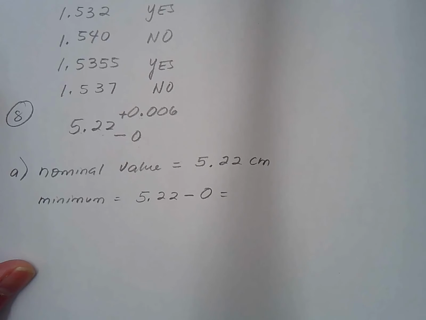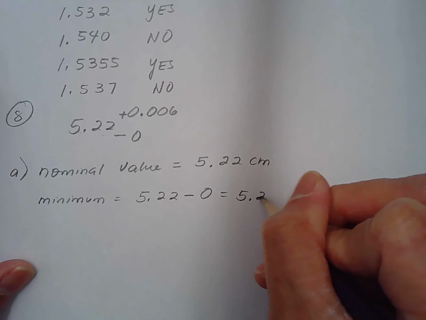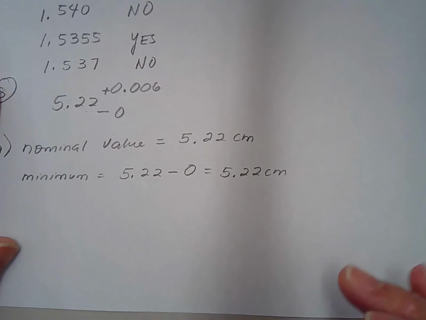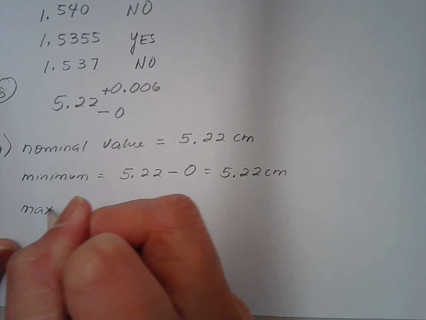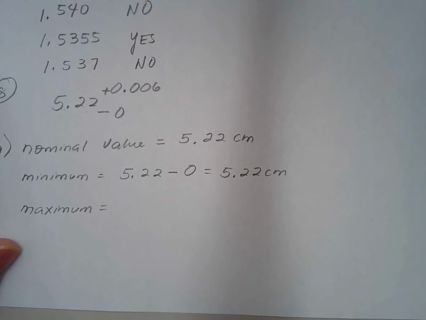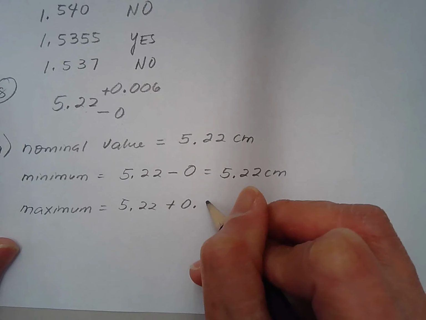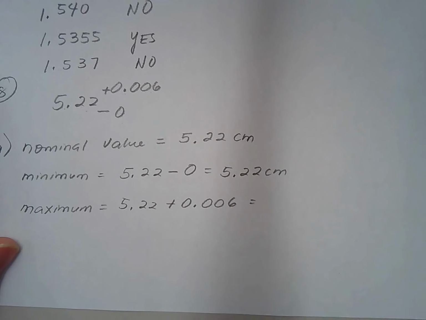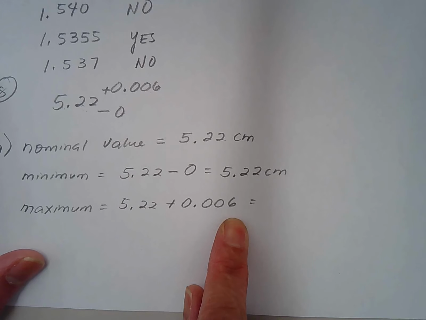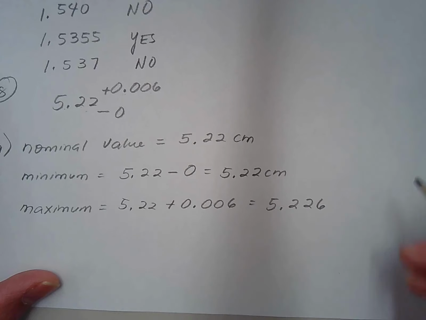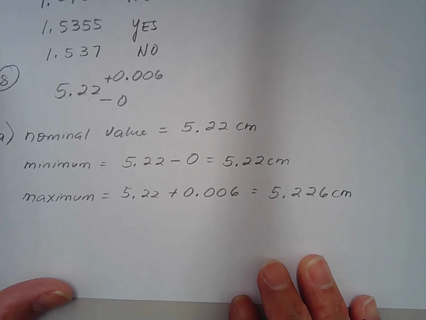That will give us a minimum, which is still 5.22. What's our maximum? Maximum value is 5.22 plus 0.006, so that's 5.226. And I should remember to put the unit, centimeters.